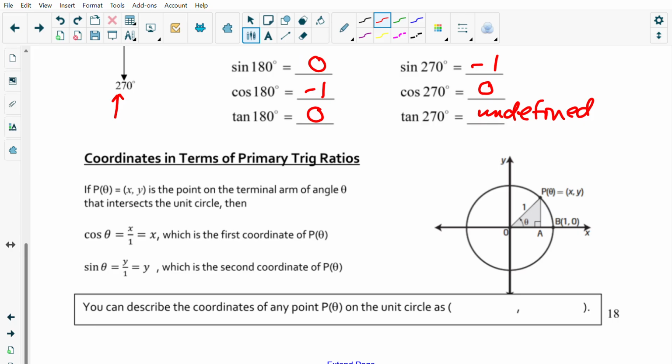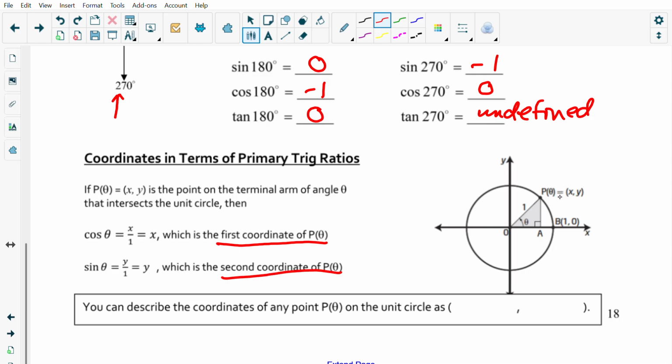Okay, coordinates in terms of primary trig ratios. If P of theta equals (x, y) is the point on the terminal arm of angle theta that intersects the unit circle, then cosine of theta equals x over 1 equals x, which is the first coordinate. So this is why the unit circle is super handy. Sine of theta equals y over 1 equals y, which is the second coordinate of P of theta.